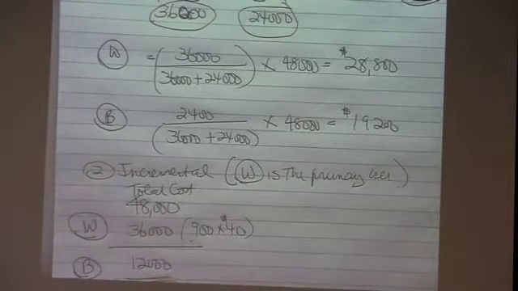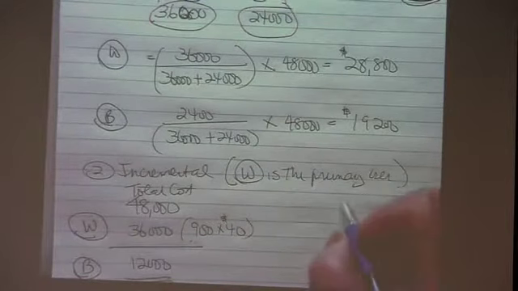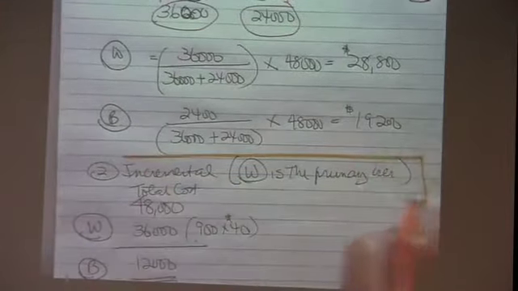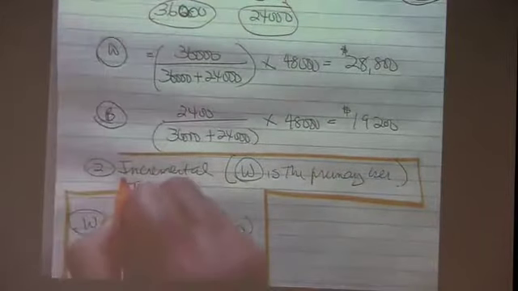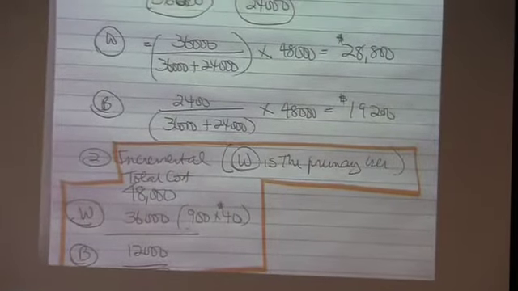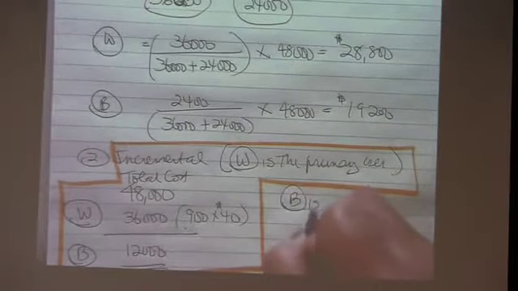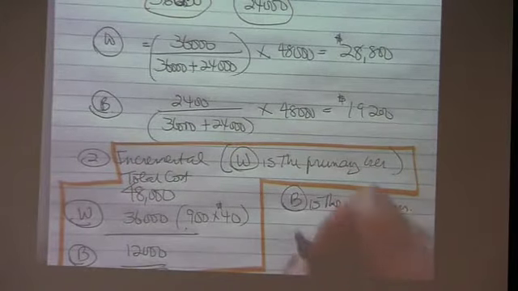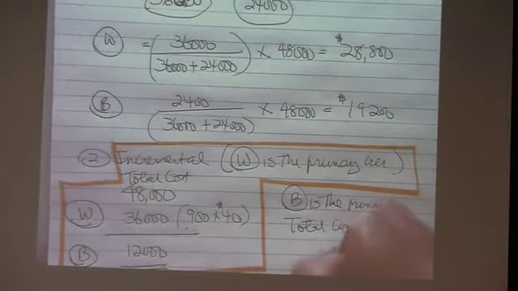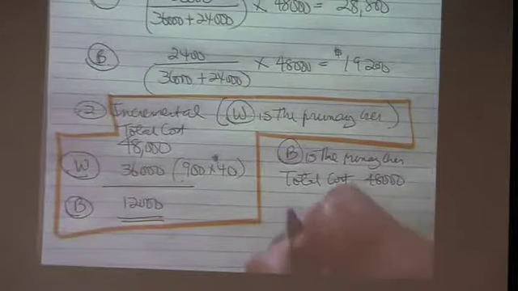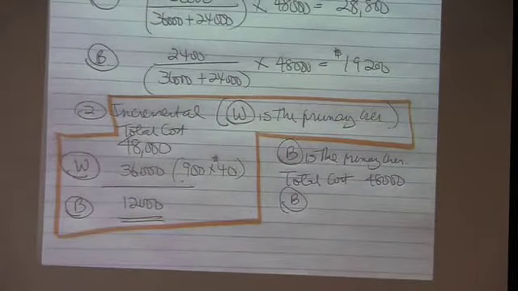Now, if Brown is the primary user, let me just highlight these as separate. I just want to make sure that this is for this one, right? Now I'm saying, what if B is the primary user? Just wanted to show you what the impact would be. So total cost is 48,000. We're going to allocate to B because B is the primary user.